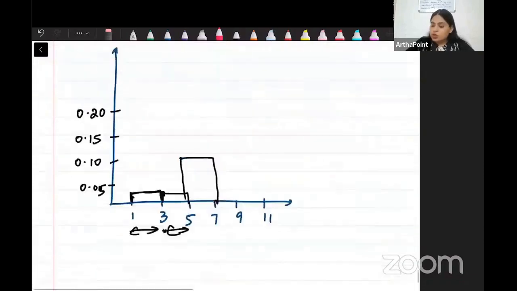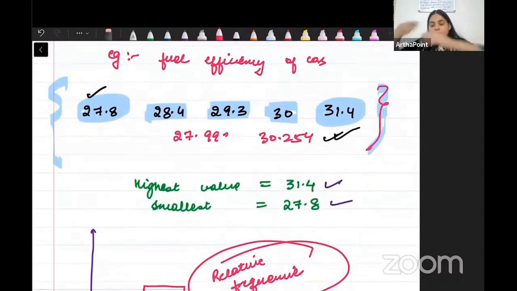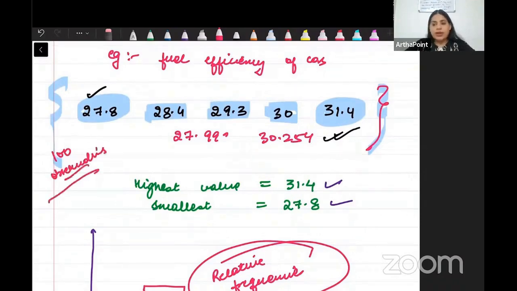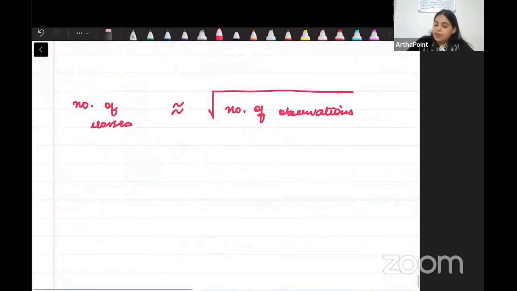Suppose ये जो पूरा data set था, ये 100 observations का था, right? So I had 100 such values, fuel efficiency values, 100 cars का data मेरे पास available था. Then I will make 10 classes, since the root of 100 is 10.